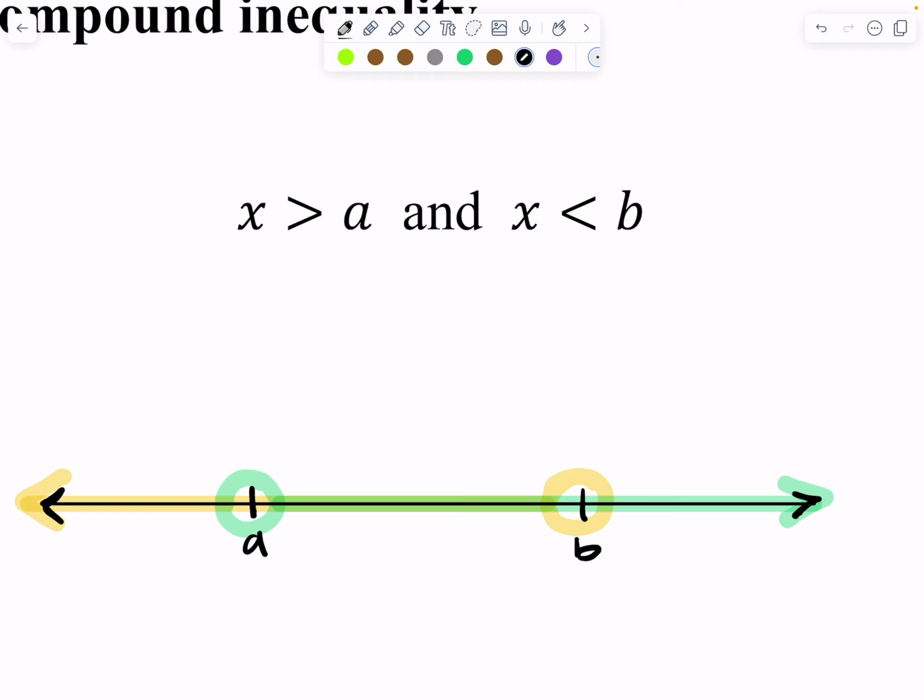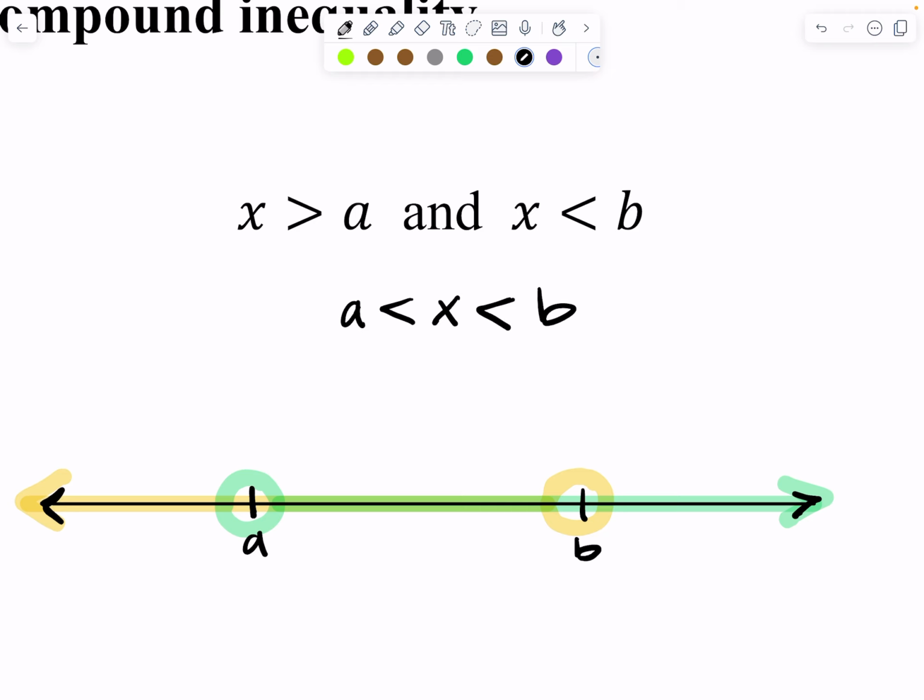So another way that we could represent this same inequality is thinking x is greater than a and less than b. And this is the more compact notation. It means the exact same thing as x greater than a and x less than b.